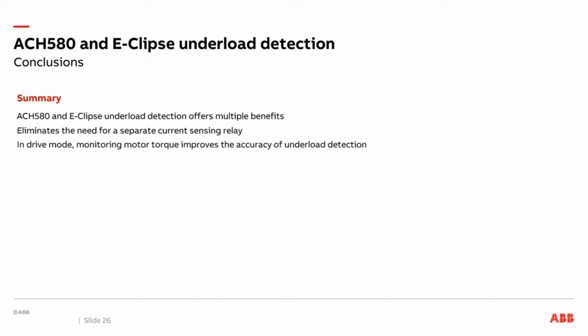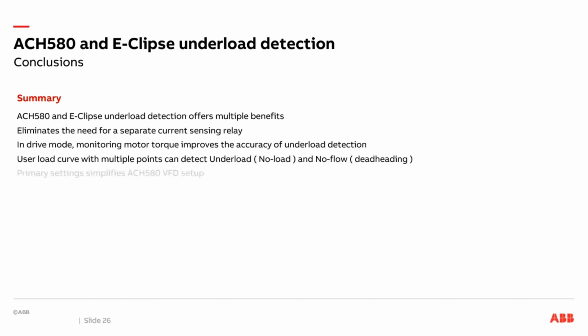Multiple detection points, or user load curve, detects both underload and no flow. Typical of the ACH580, primary settings provides quick programming access. Underload detection for the drive or bypass or the system can be monitored by building automation by either hardwire or comms.